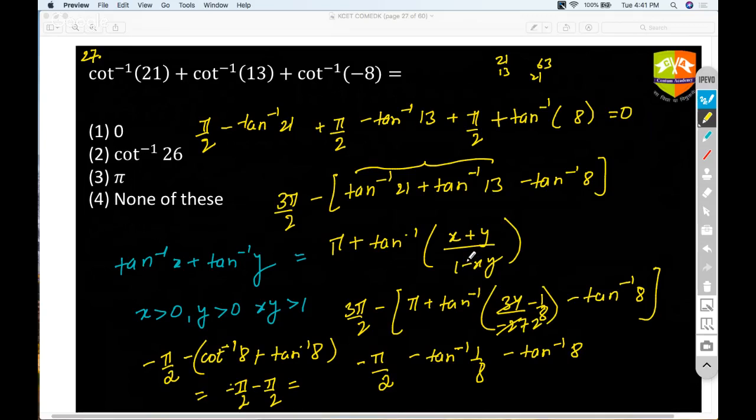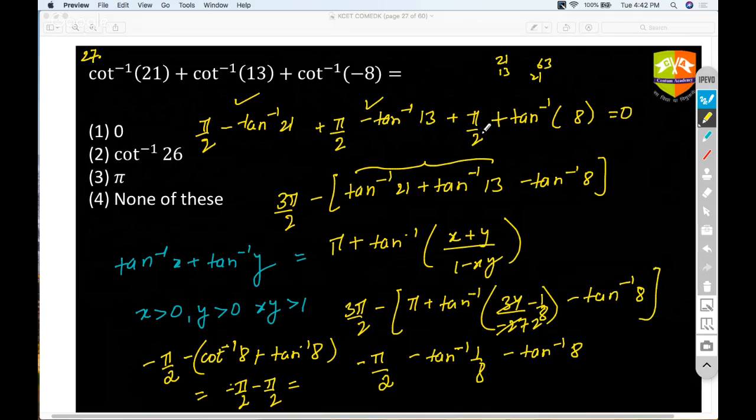Let's check our working if everything is fine. So this I wrote as pi by 2 minus tan inverse 21. That's absolutely correct. This I wrote as pi by 2 minus tan inverse 13. That's absolutely correct. This is pi by 2 minus tan inverse negative 8.